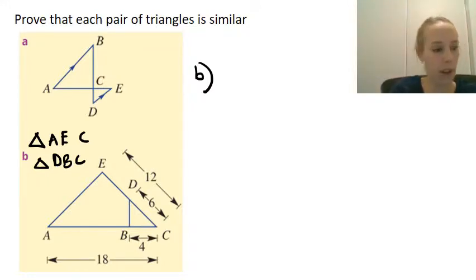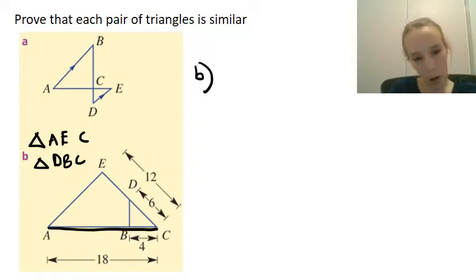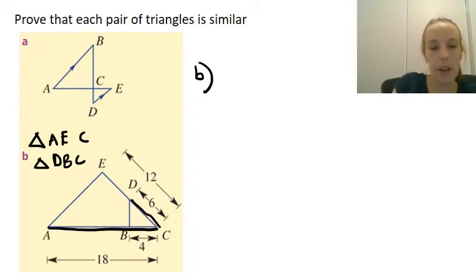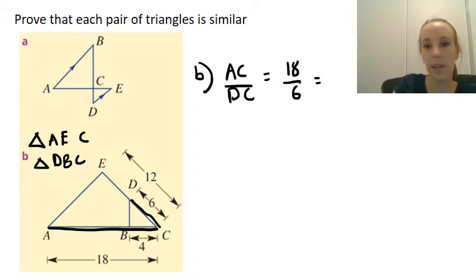Okay, so if we start off, we can try and find which sides are corresponding. Our largest side here is A to C, and on our smaller triangle, our largest side is going to be D to C. So we'll see if we've got the ratio there. The side ratio, AC over DC, is 18 over 6, equals 3 over 1, equals 3.